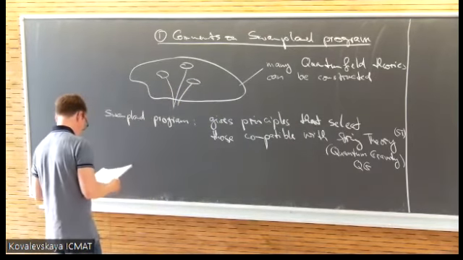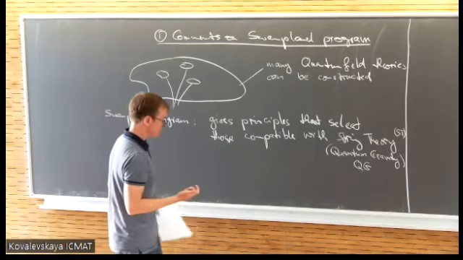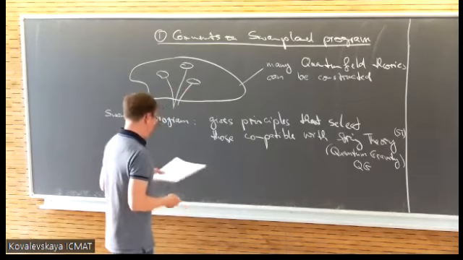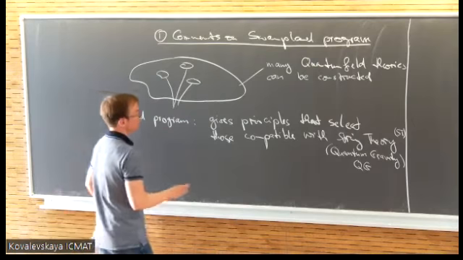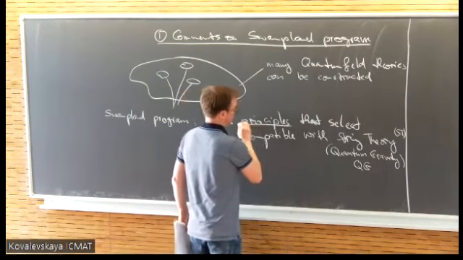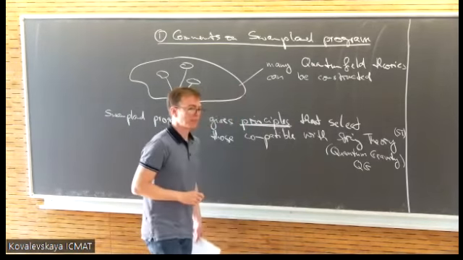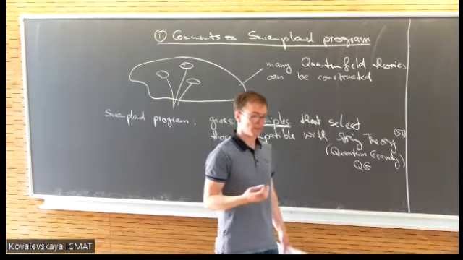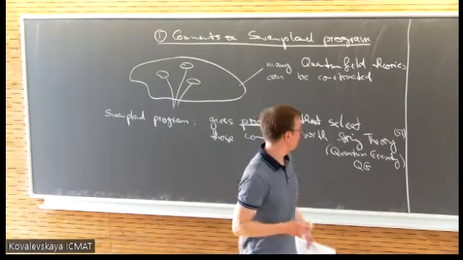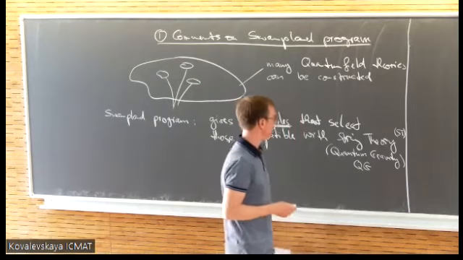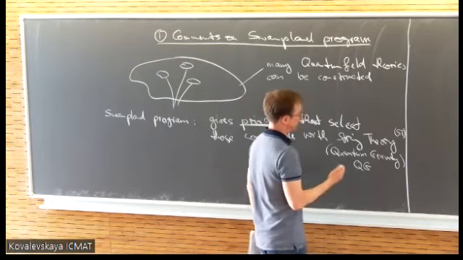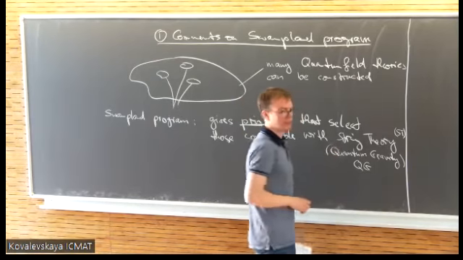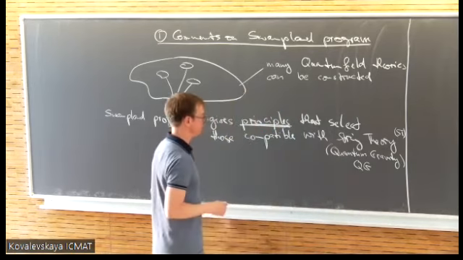In itself, it's a very simple idea. The idea is simple, but doing this in practice is very, very complicated, right? Because as I mentioned, we don't understand quantum gravity in all its aspects, and we even don't understand string theory in all its aspects.